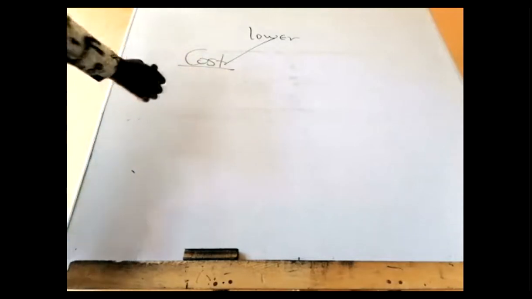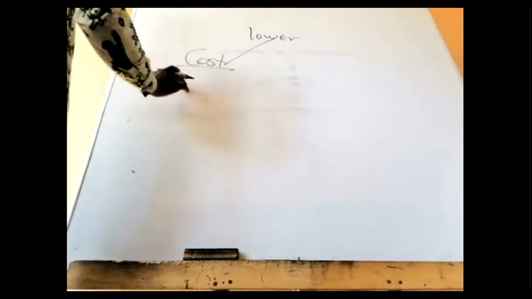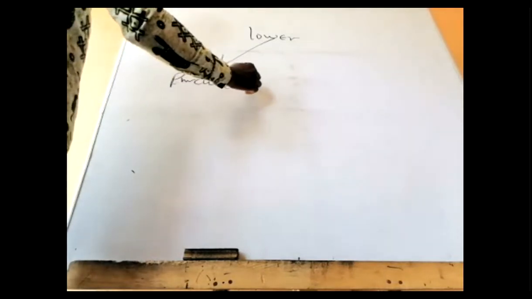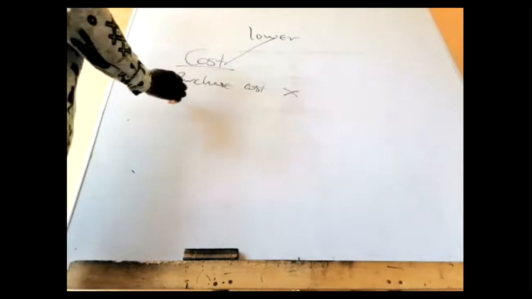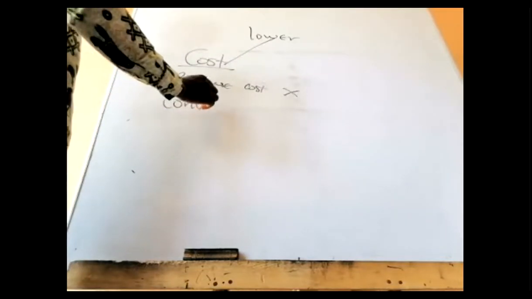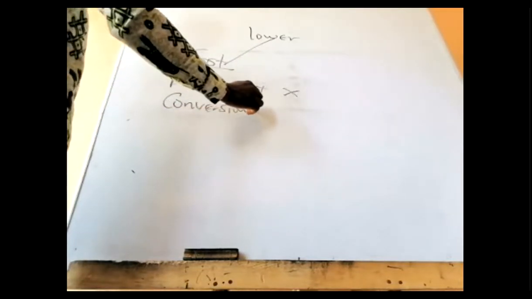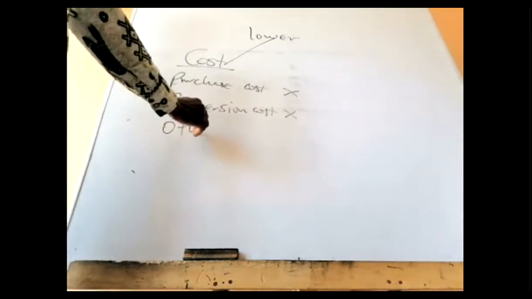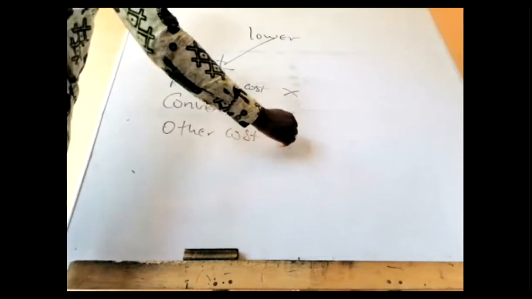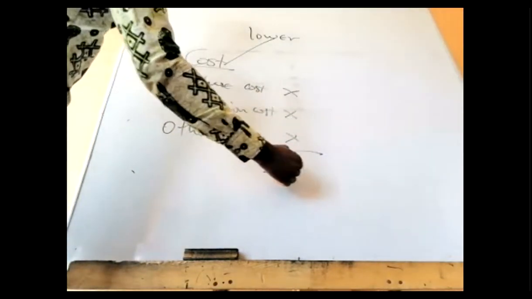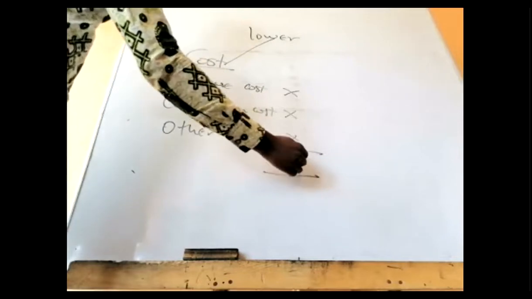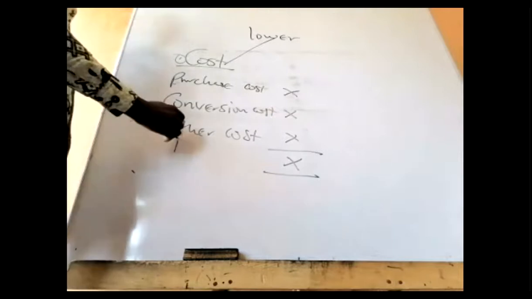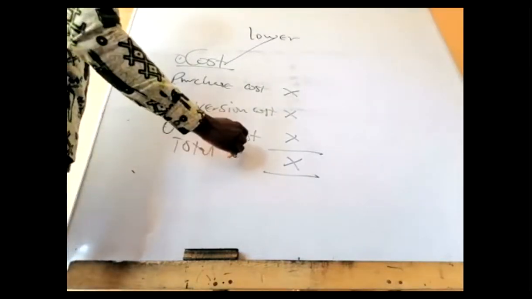Number 1, purchase cost, so much. Add the conversion cost, also so much. And any other cost, also so much. If you are using the actual cost method, you calculate the total cost.